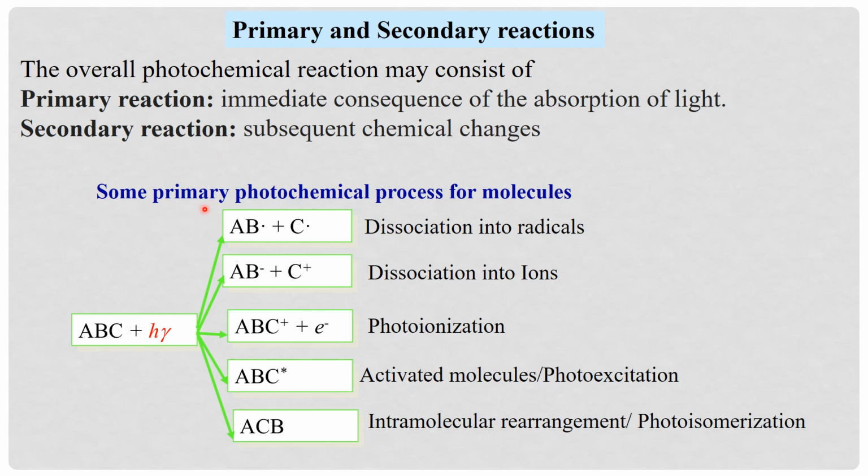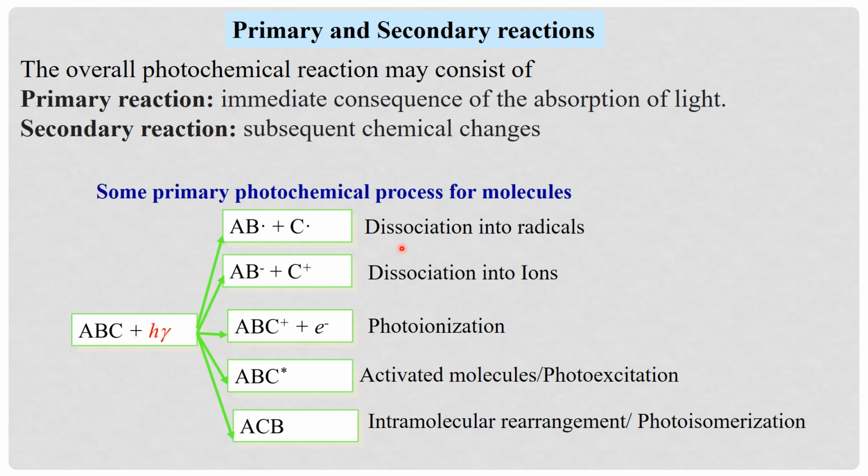Here are some of the primary photochemical reactions or processes. We will see in our next few lectures the secondary reactions, which involve the chemistry of olefins, Norrish type 1 reaction, Norrish type 2 reactions, and there are hundreds of such examples. Here is a molecule ABC which absorbs light.